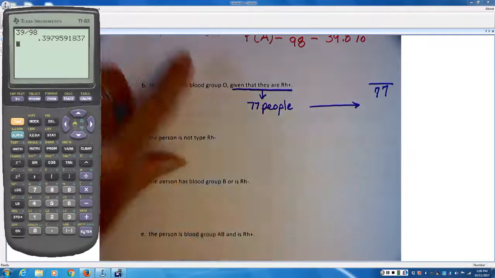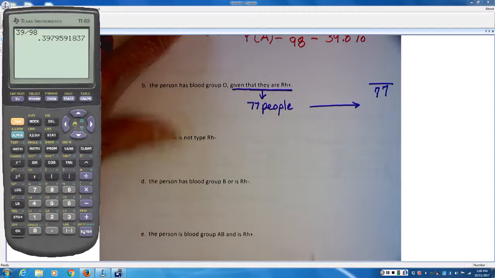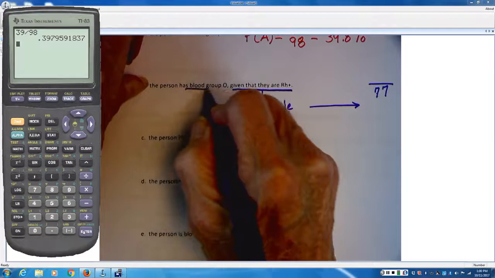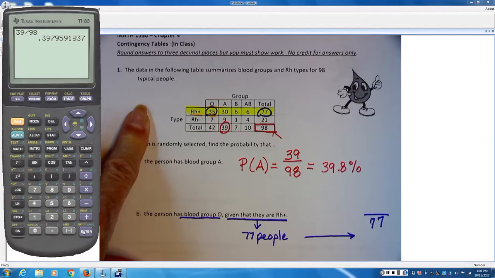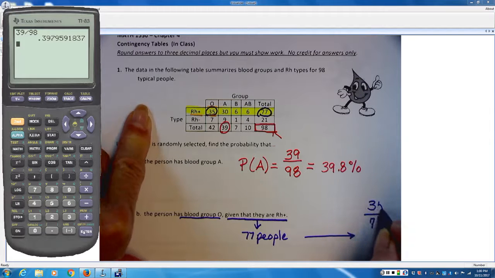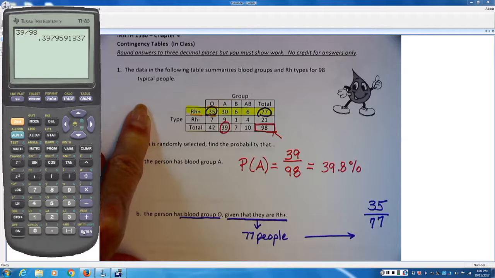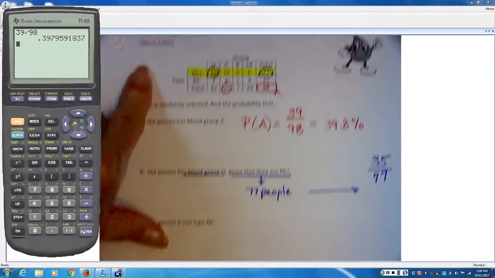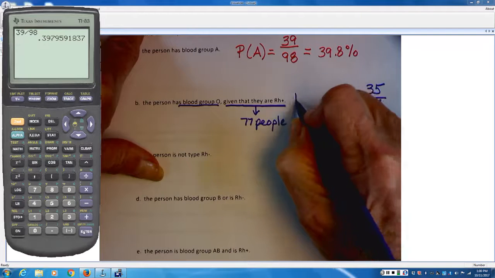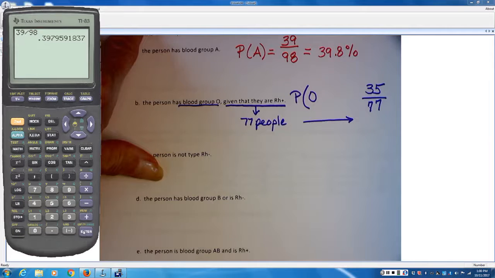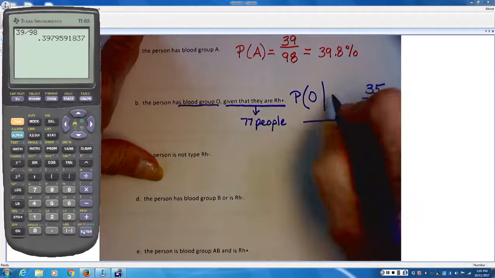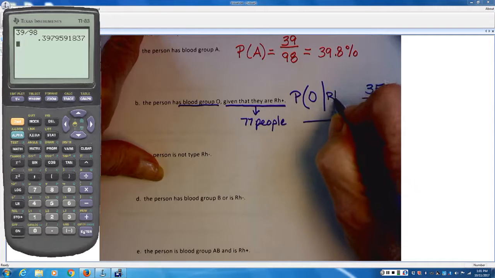And then we go back and look to see how many of those people had blood group O. And that was 35. So 35 out of 77. The way that you write that is the probability that they are type O, and this long line means given that they are Rh positive.